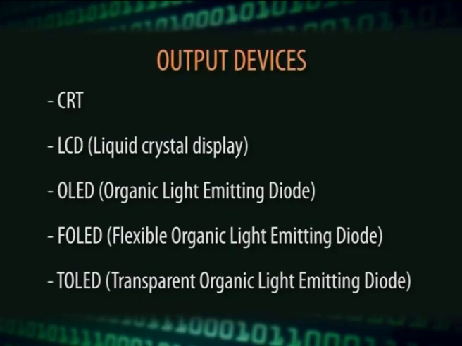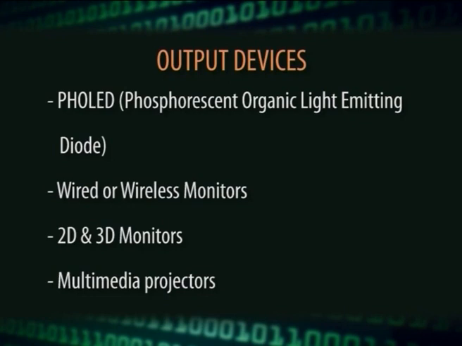The common technologies discussed are CRT, flat panel like LCD, which is liquid crystal display, OLED like organic light emitting diode, FOLED like flexible organic light emitting diode, TOLED like transparent organic light emitting diode, and PHOLED, which stands for phosphorescent organic light emitting diode.